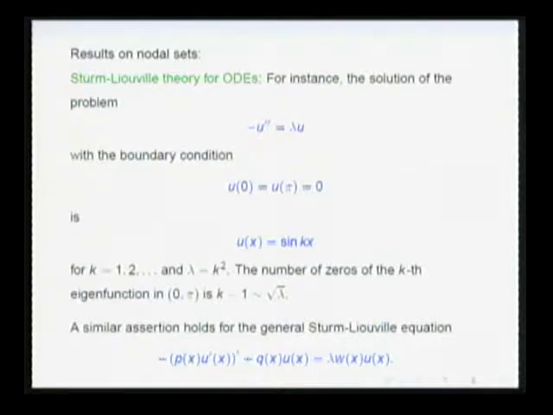So the number of zeros for every additional eigenvalue is one greater than the previous one. So it's exactly k, and lambda is k squared, so the number of zeros is square root of lambda. That's the fact for the Sturm-Liouville, and then you can do this for any kind of second-order ODE.